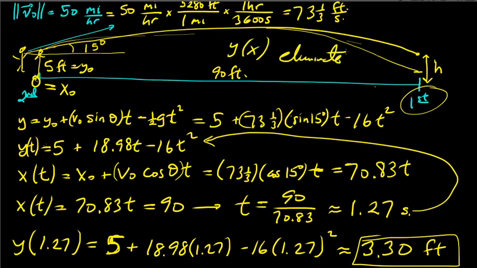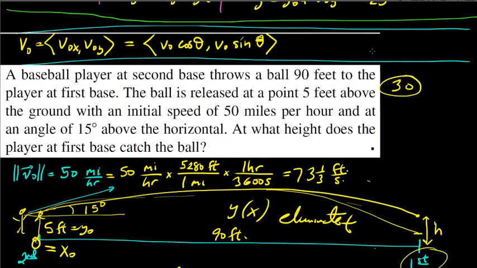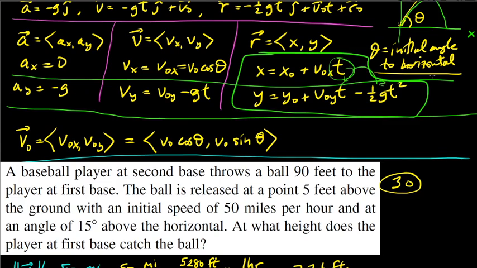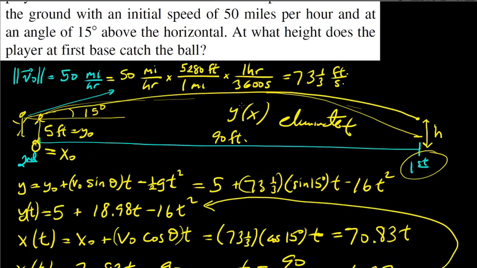So eliminating t as a variable from these two equations here, right? These two equations are in terms of t. If you solve for t and then plug that in here, you can write y as a function of x. And so that's number 31.